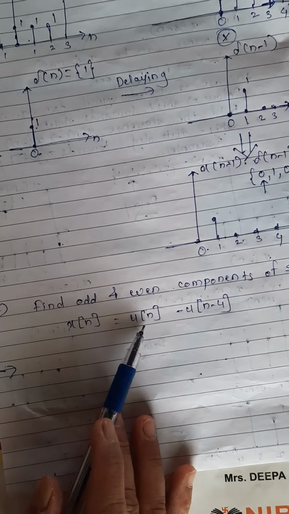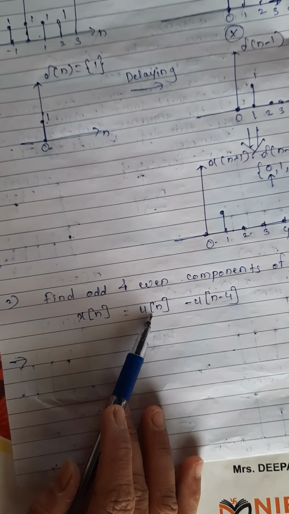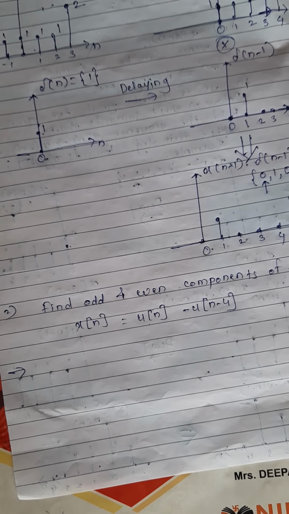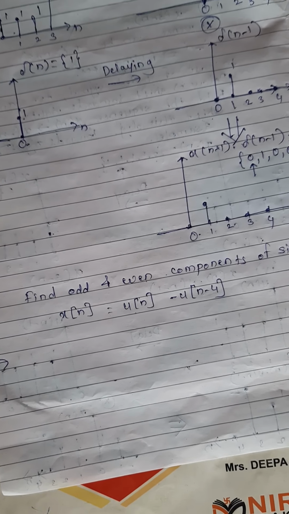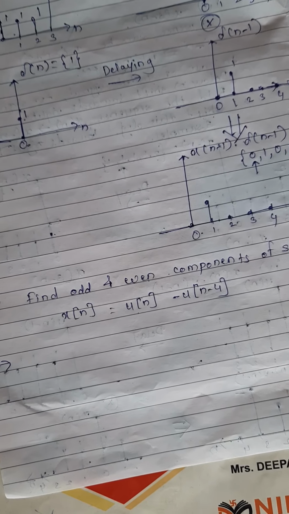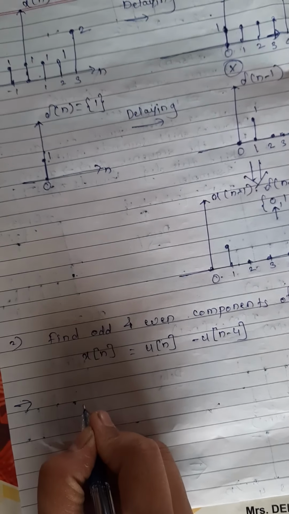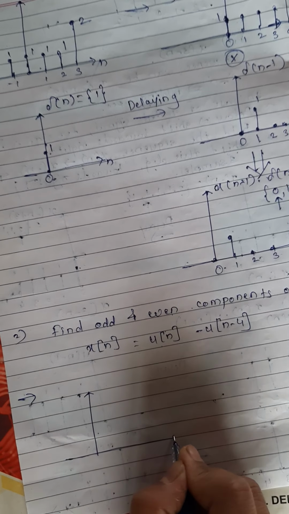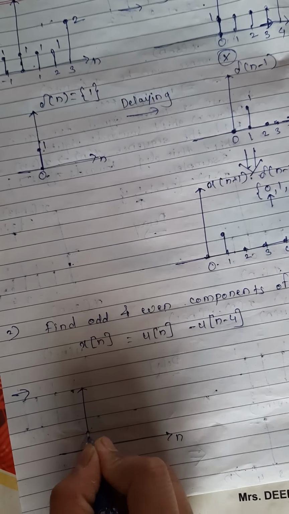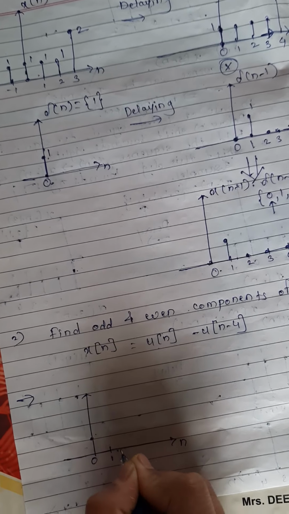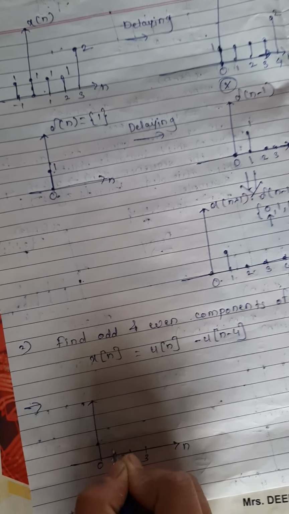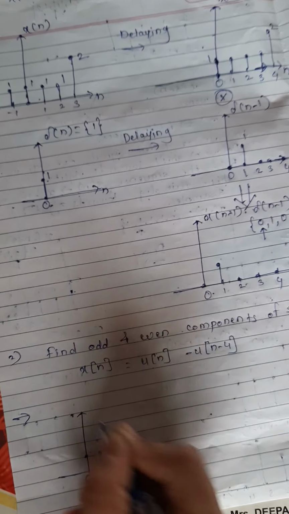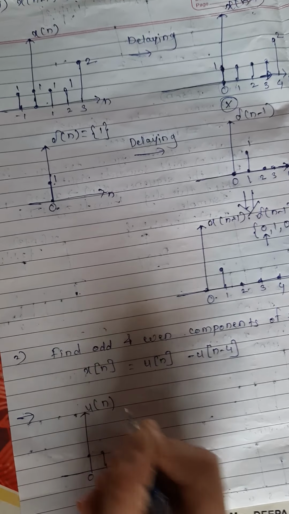First we draw the signal u of n. u of n means unity signal, so we have value 1 everywhere, it is u of n.